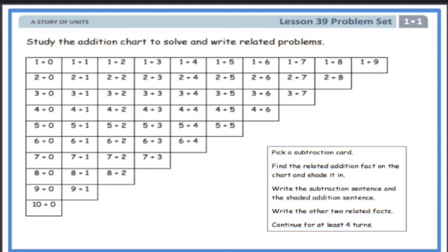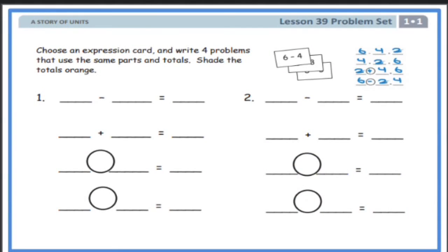So simple. The next, it said choose an expression card and write 4 problems that use the same parts in total. Shade the total orange. Ready? So I'm going to pick 6 minus 4. I'm going to write 4 problems that use the same parts in total.